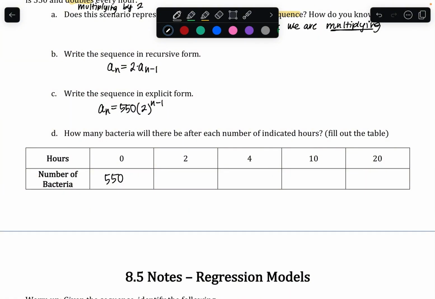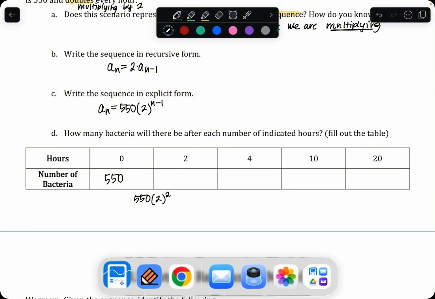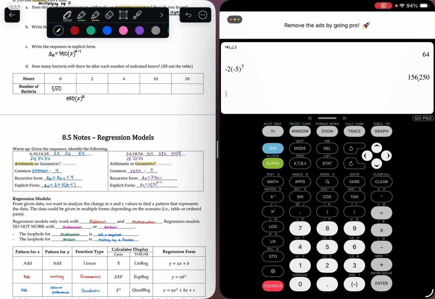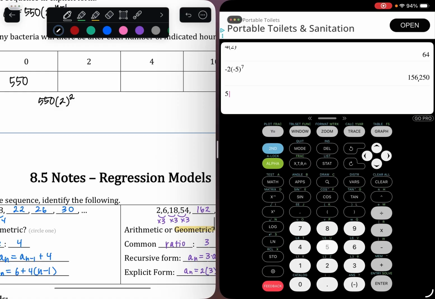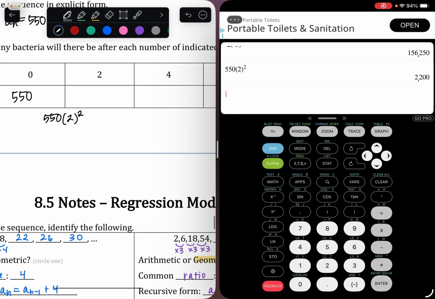So to get to 2 hours, we would have 550 times 2 two times. So our exponent would be 2, and we would get 2,200.